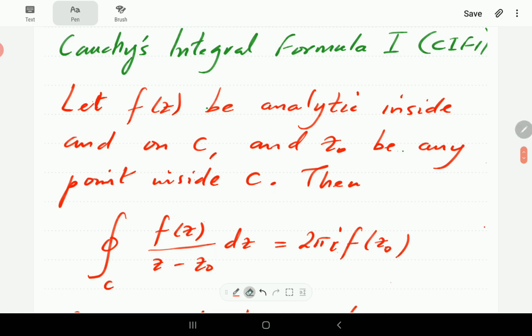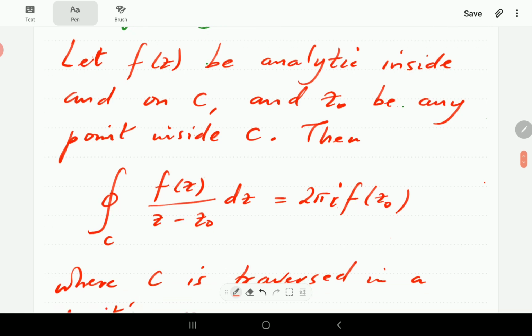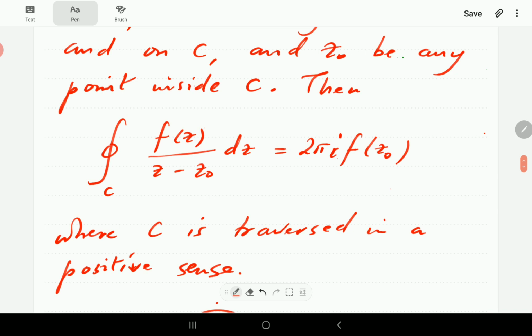It says let f of z be an analytic function inside and on C, and z naught be any point inside C. So far it looks like there is no singularity happening. Okay, then it says the integral of f of z over z minus z naught is going to be equal to this term here where C is traversed in a positive sense.